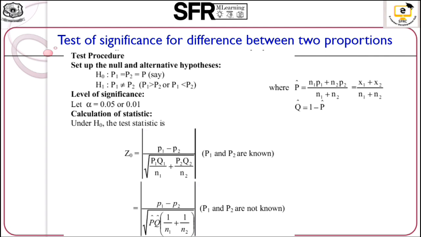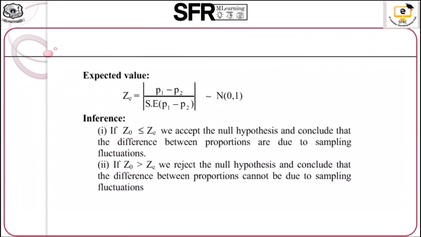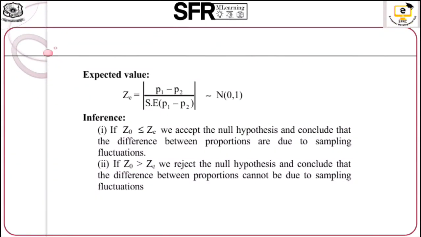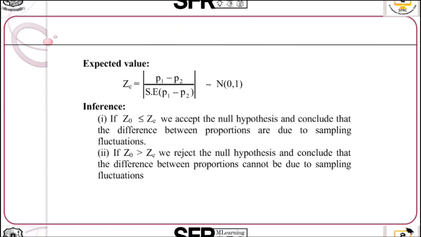Here also we take the level of significance as 0.05 or 0.01. The formula for Z0 is given. Similarly, ZC is given. So the final conclusion: here also, if Z0 is less than or equal to ZC, we accept our null hypothesis. Suppose Z0 is greater than ZC, we reject the null hypothesis.